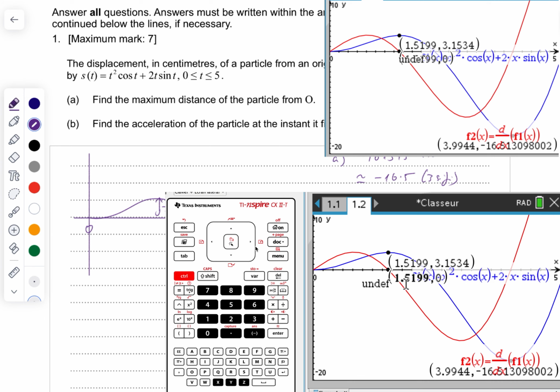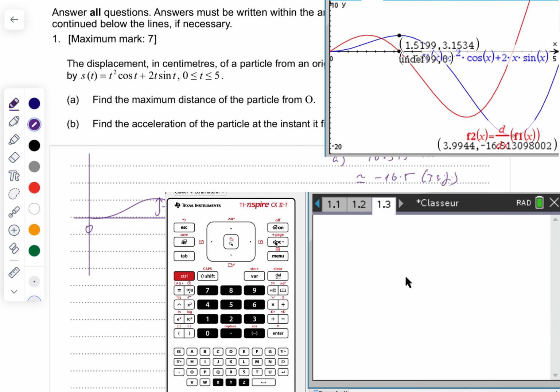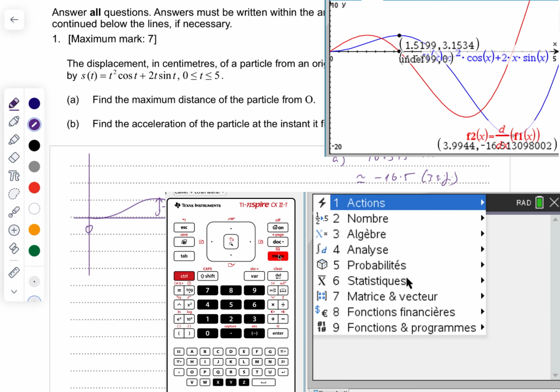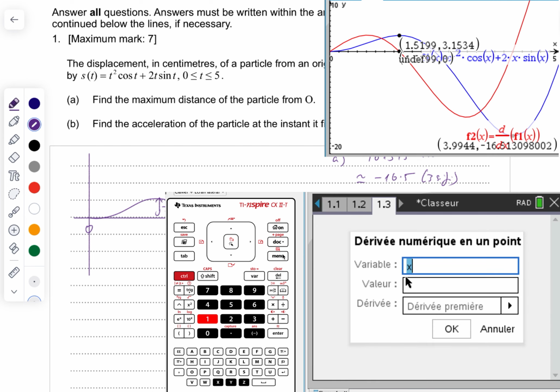Let's go to a calculator page, add a calculator page, and let's do the differential menu. And I want algebra, calculus, numerical derivative for a point, variable x, value is at the variable.